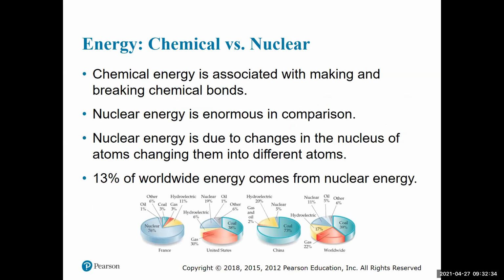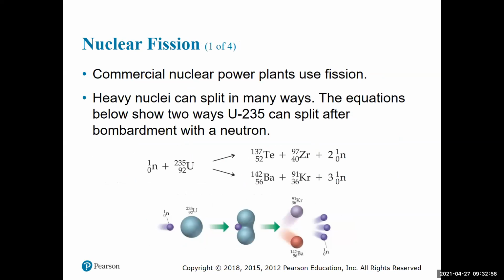Nuclear energy by comparison is a lot, because we're not just breaking a bond, we're changing an atom. And that's a big deal. Because we're changing the nucleus, making different atoms, that's the reason for the big energy.